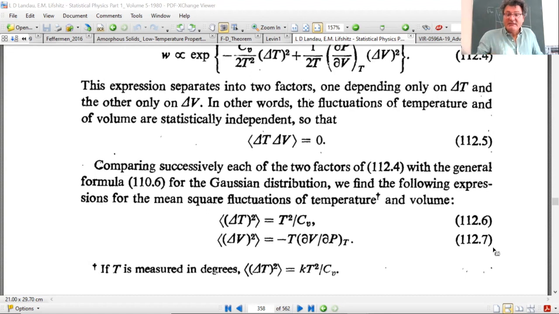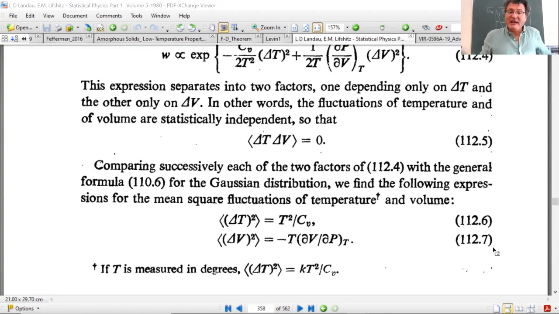The heat capacity depends on the amount of material that we consider. So the smaller the amount of material, the smaller is C_V, so the higher are the fluctuations in temperature.